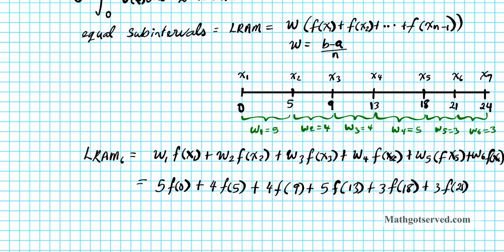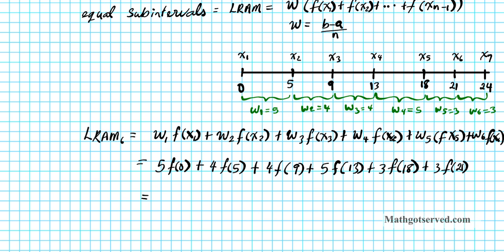You all know that. Anyway, so let's go ahead and do that. We're going to have 5 times 0 plus 4 times 30 plus 4 times 50 plus 5 times 68 plus 3 times 82 plus the last one, 3 times f of 21, which is 90.